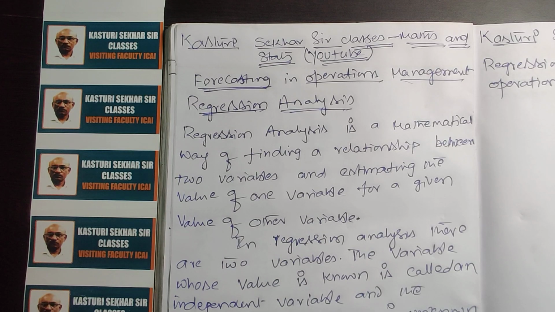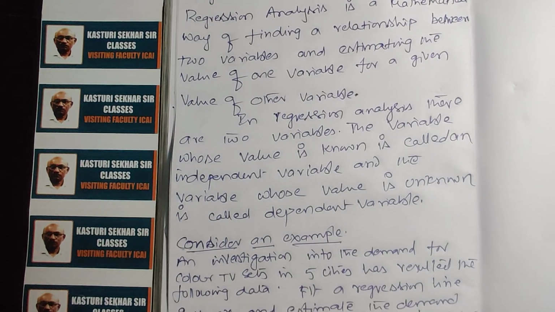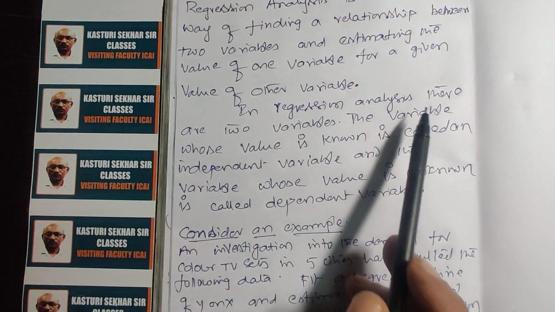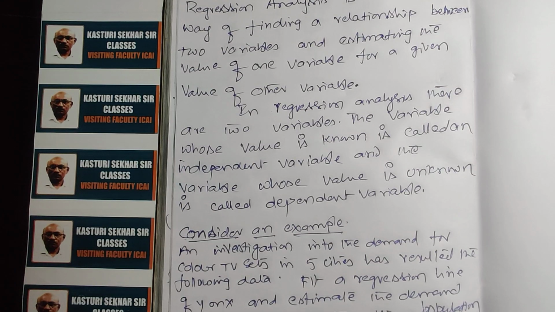In regression analysis, there are two variables. The variable whose value is known is called an independent variable, and the variable whose value is unknown is called a dependent variable. This is the most important point in regression analysis.